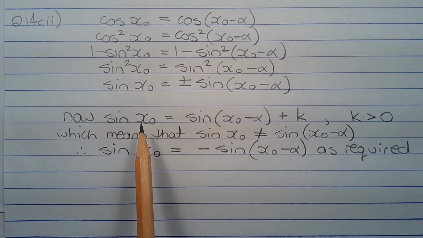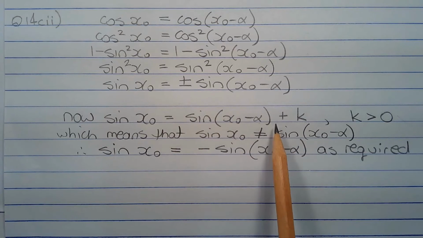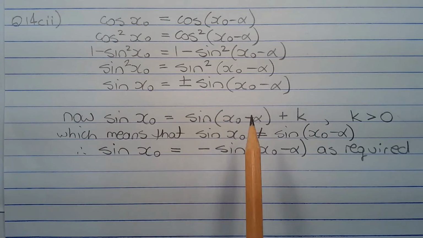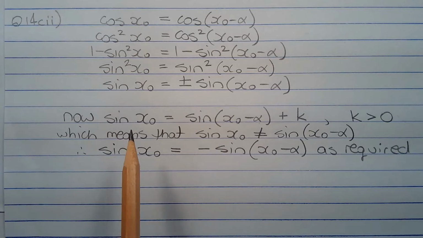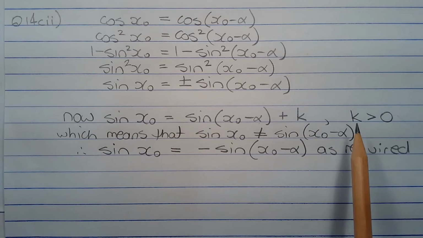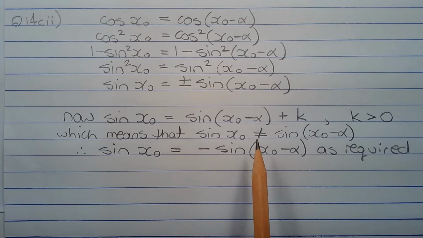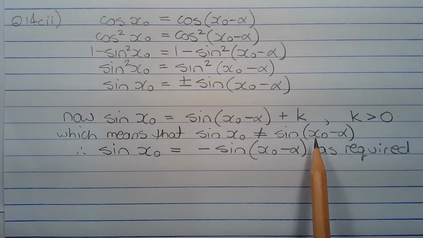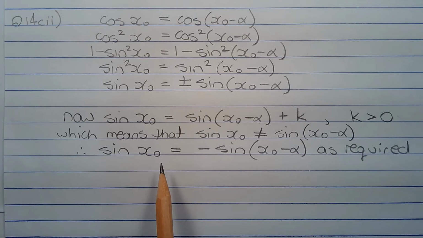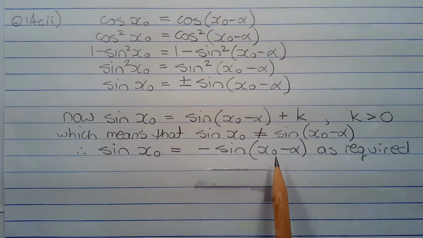Now sin x0 equals sin(x0 minus alpha) plus k, since both curves share a common tangent at x equals x0, and we know that k is greater than 0. This means that sin x0 cannot equal positive sin(x0 minus alpha), so the only other alternative is sin x0 equals negative sin(x0 minus alpha), as required.